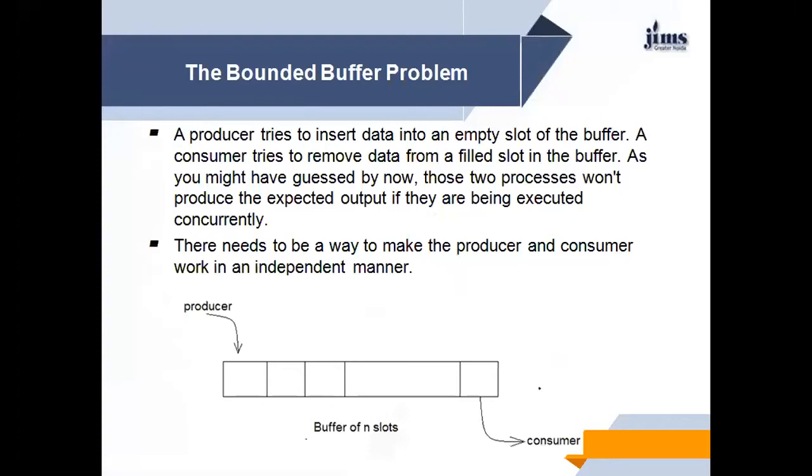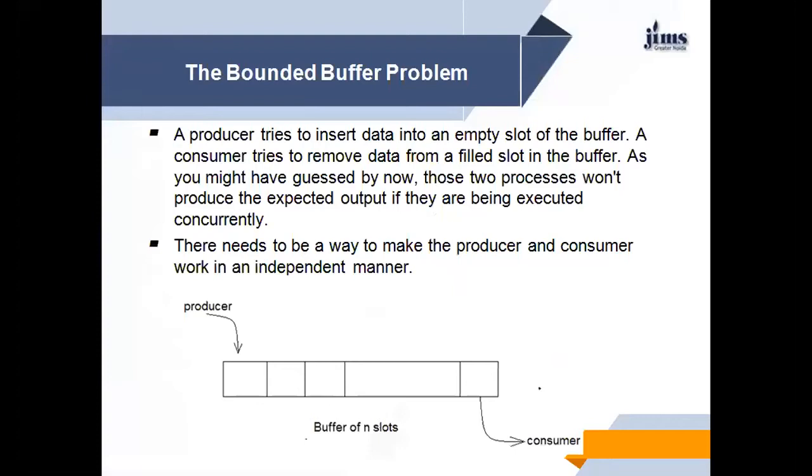We can interpret this code as the producer producing full buffers for the consumer, or as the consumer producing empty buffers for the producer. A producer tries to insert data into an empty slot of the buffer. A consumer tries to remove data from a filled slot in the buffer.